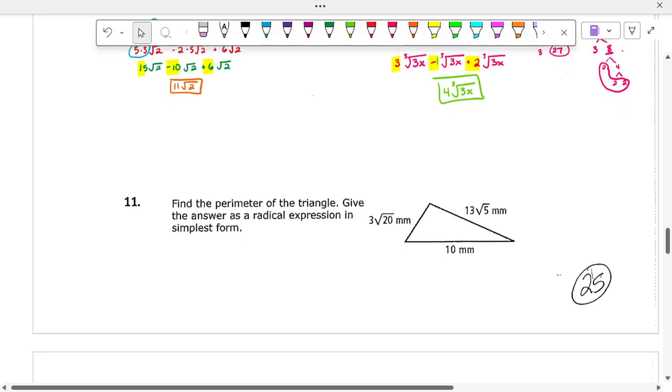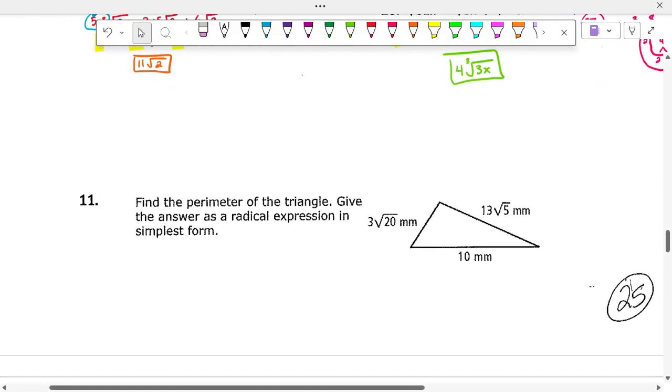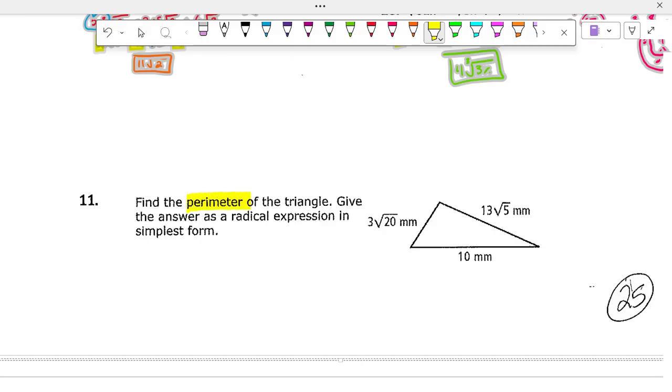All right. Now, number 11 is a little bit different, but it's pretty much the same process. So, it says to find the perimeter of the triangle, give your answer as a radical expression. So if we're talking about perimeter, what does that mean we have to do? Add all three sides.